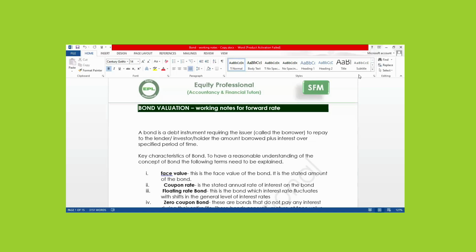A bond is a debt instrument that is tradable. A bond is a financial instrument that is marketable. Because this instrument is marketable, we should be able to determine the price.